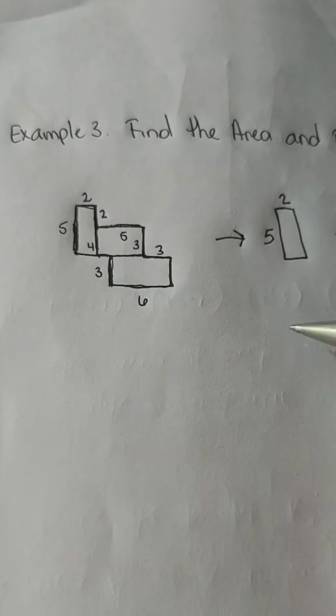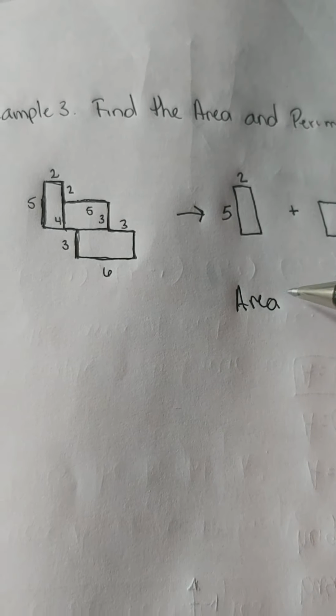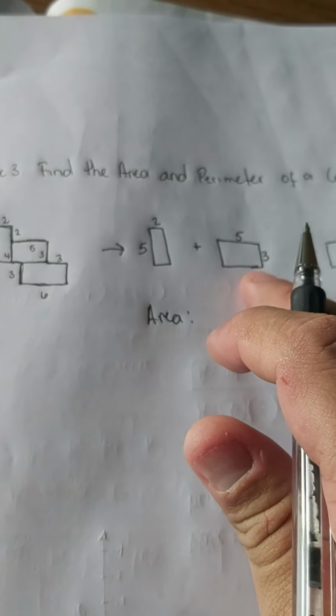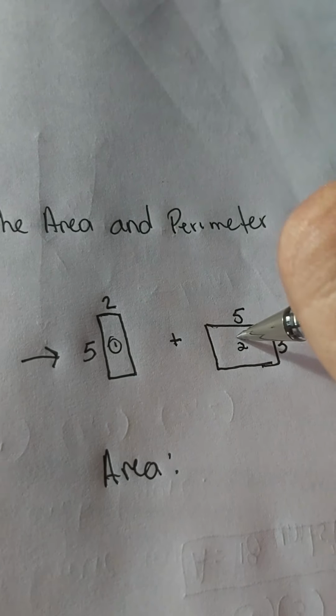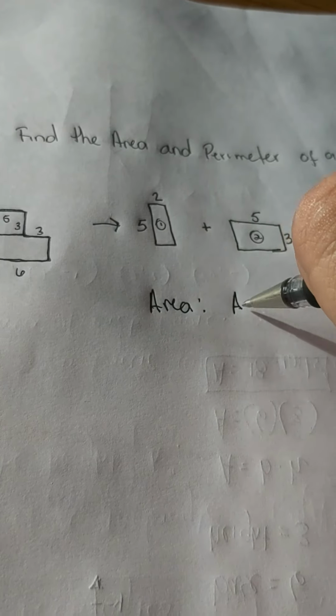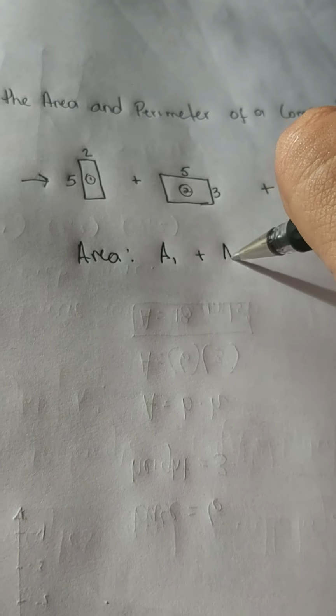Okay, so now area. So the area of this composite figure will be the sum of the 3 areas. So I'm going to call this 1, 2, 3. So the area of the composite figure will be area 1 plus area 2 plus area 3. Okay?